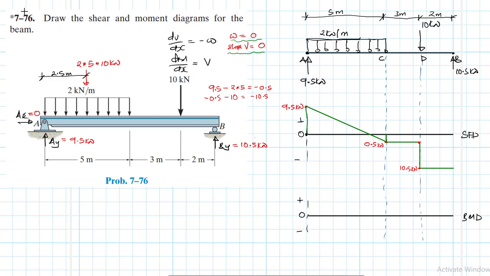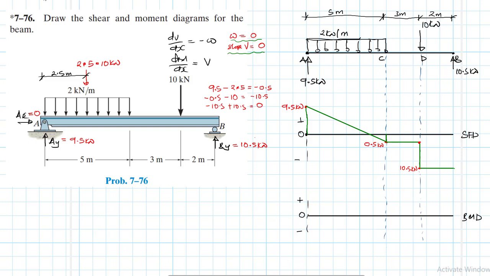So we have minus 10.5 plus 10.5, which gives us 0. So our shear finally closes, which we expect, like so. Great. So our shear diagram is finally complete.